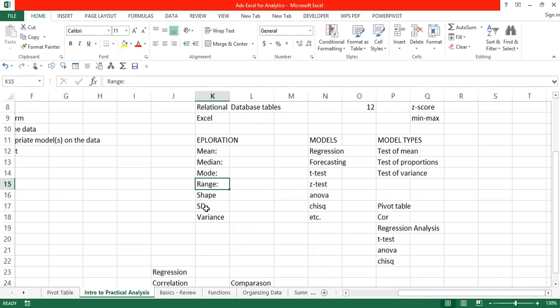These ones are called measures of variability or measures of dispersion. The range is simply the maximum minus the minimum. The maximum minus the minimum. That's the range.